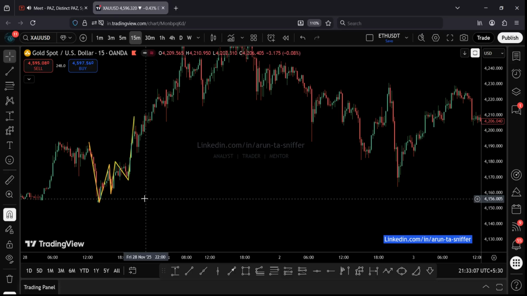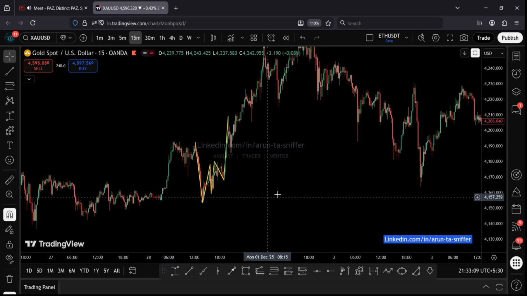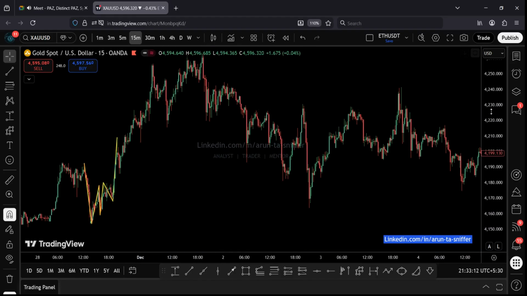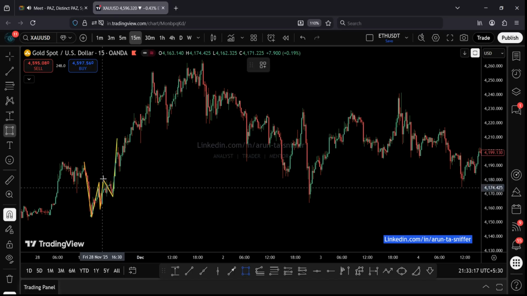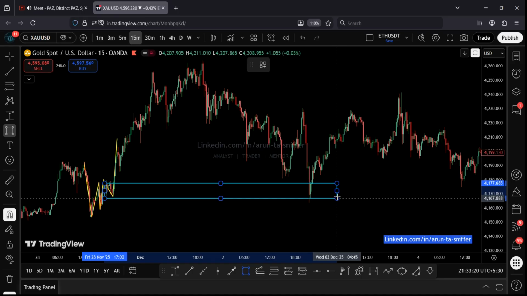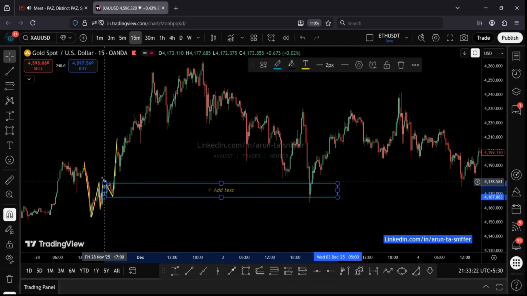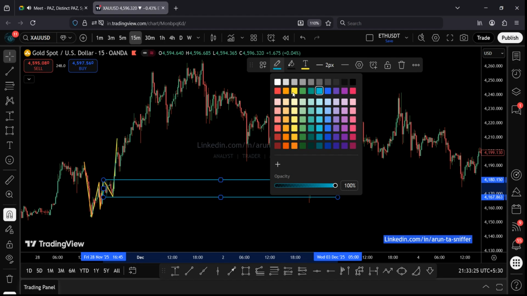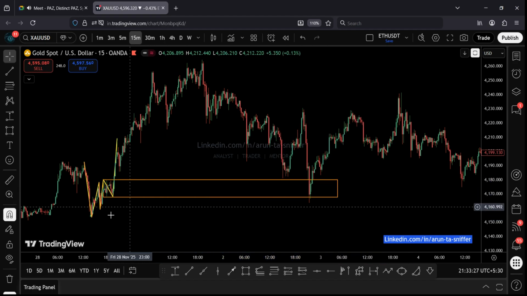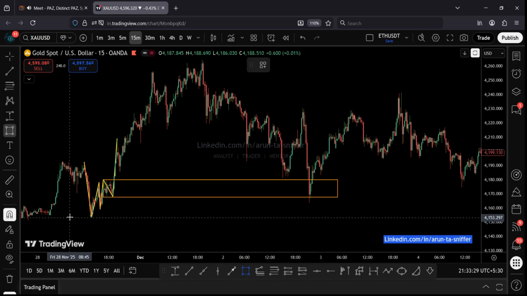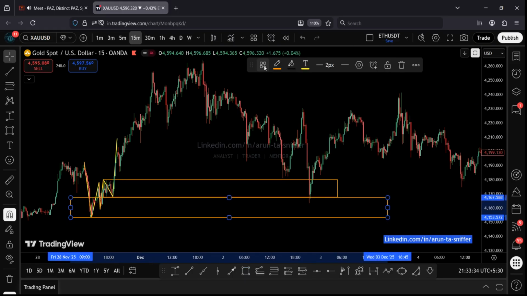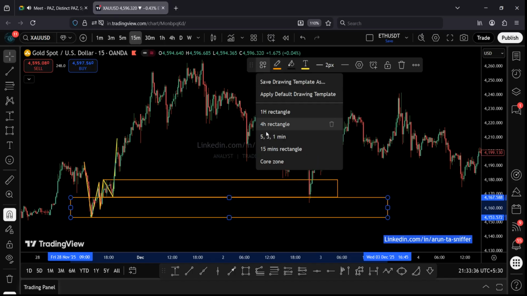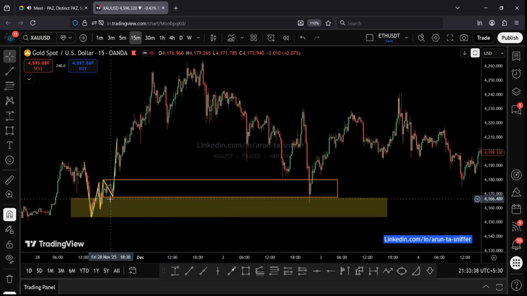Okay, what happened again? Price will come down, and this will not hold by this zone. And it will come to this distinct price action zone, this one, from this tip to this tip.